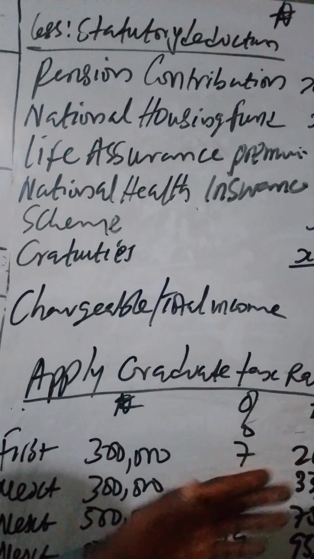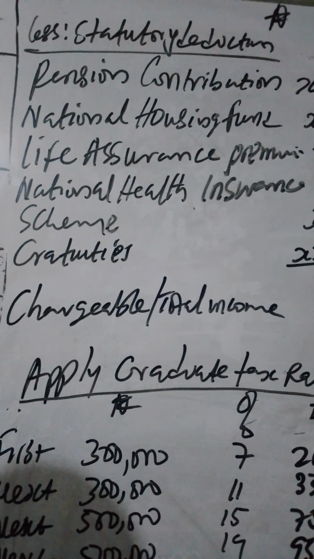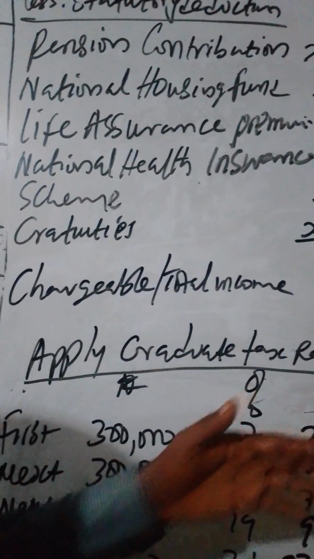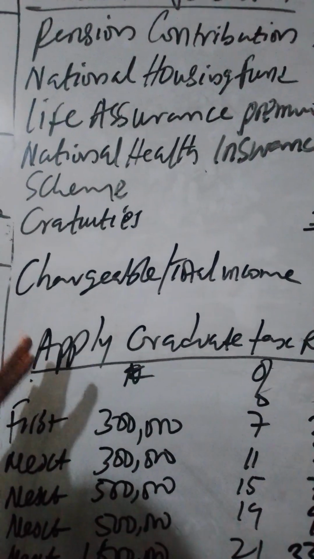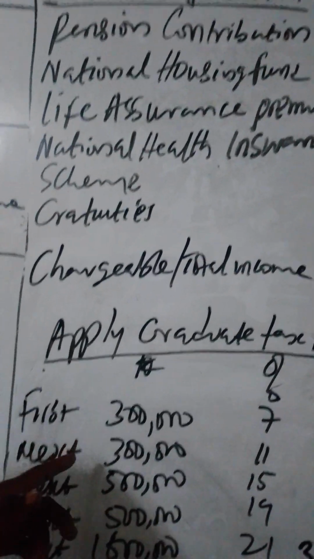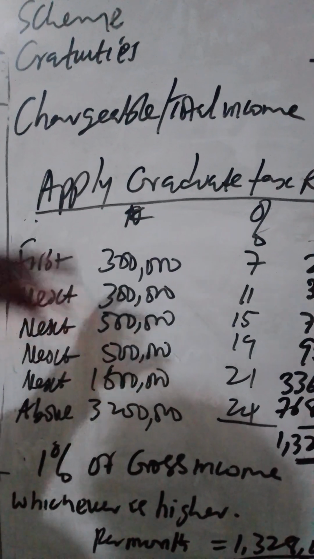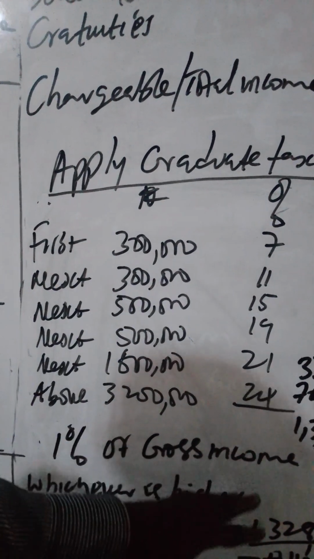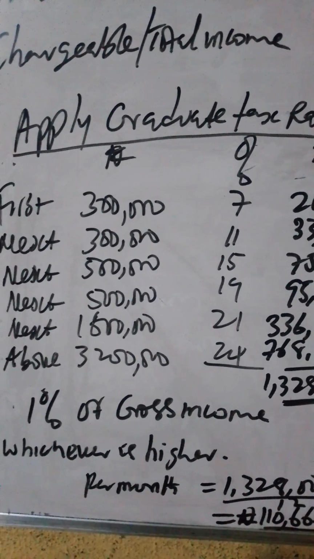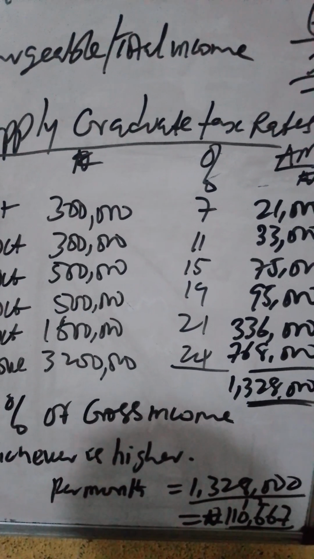When you put all of this together and deduct from whatever you had after the deduction of consolidated relief, you have your chargeable income, and that income is now rated in this order: the first 300,000 at 7%, and the next 300,000 at 11%, and so on. Now the rule says there is a minimum tax, 1% of gross income, compared with what you calculated here, whichever is higher will be what is taxable.